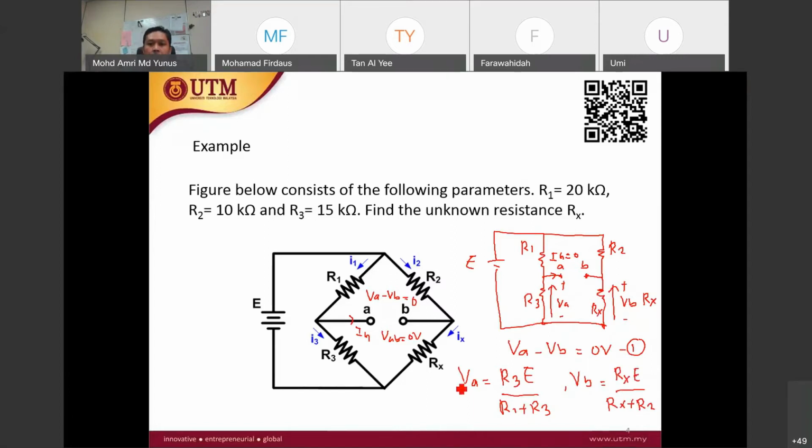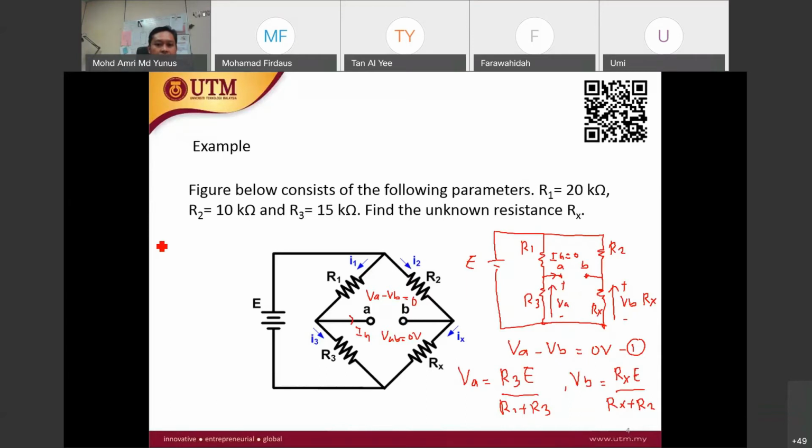So we know that VA minus VB is equivalent to 0 volt. Therefore, we replace VA and VB into the first equation.